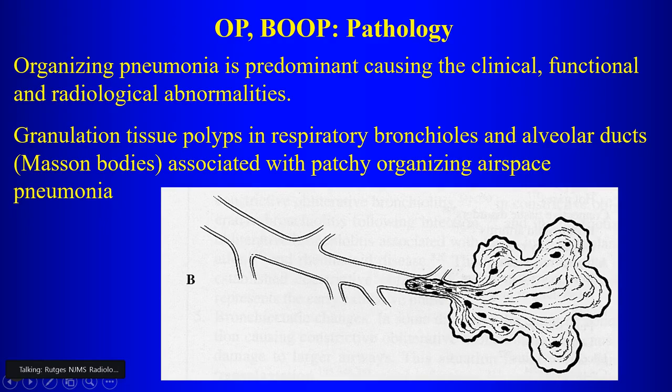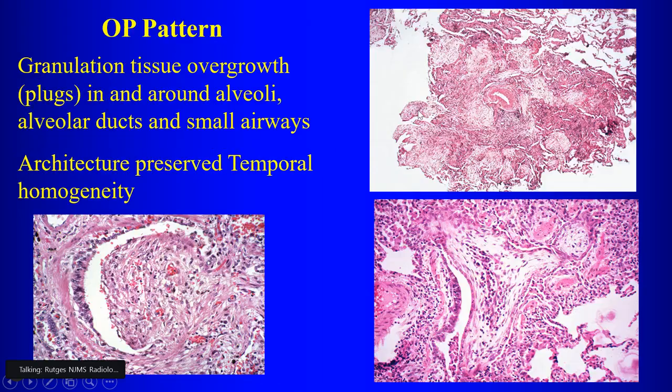The organizing pneumonia actually starts in the alveolar air spaces and then secondarily invades the small airways, these granulation tissue polyps. And so on histology, there are these granulation tissue polyps that get into the small airways from the air spaces, and that's the bronchiolitis obliterans part that the pathologist sees. But the disease itself is primarily centered in the air spaces.